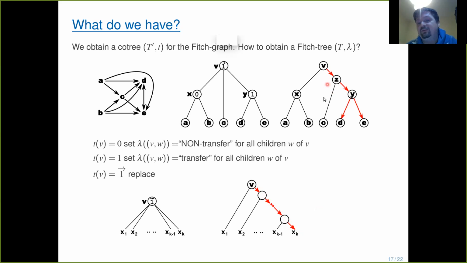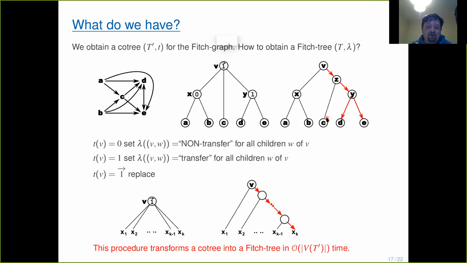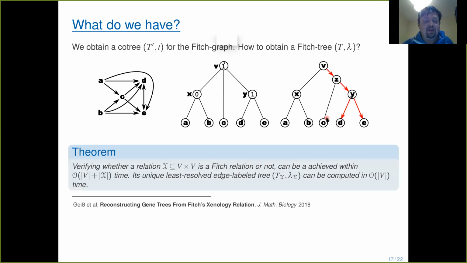And this can also be done in linear time. So essentially we get a Fitch tree in linear time as well. And this is a theorem: whether a relation is a Fitch relation or not can be decided in linear time, and its unique least resolved tree can be computed in linear time as well.